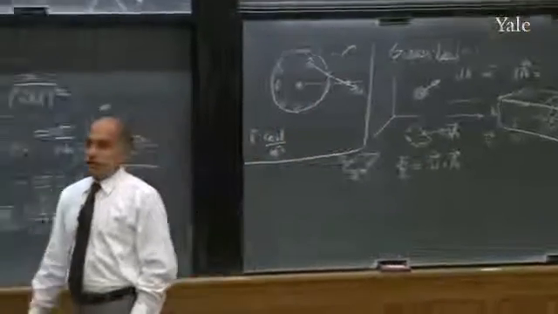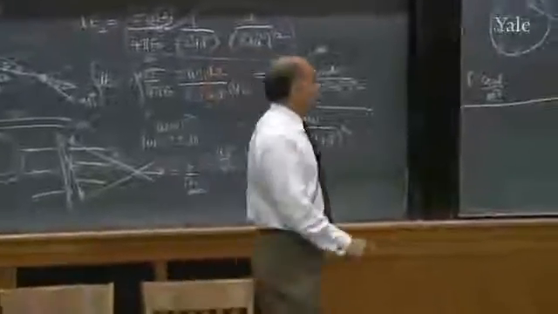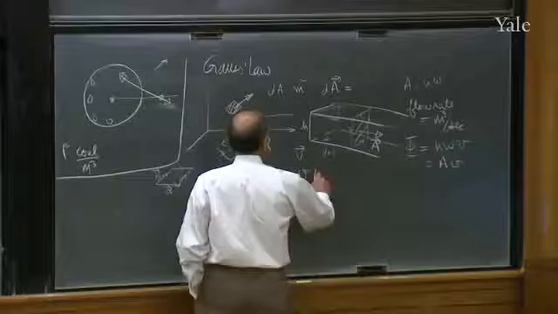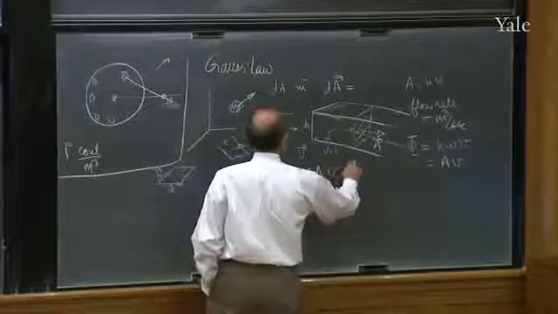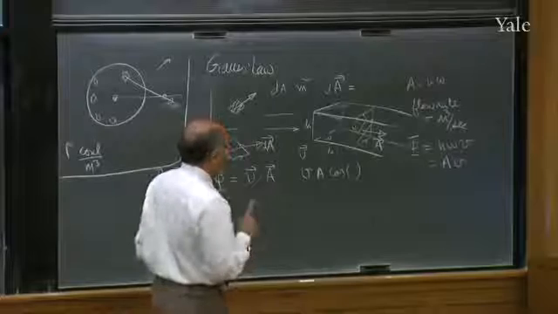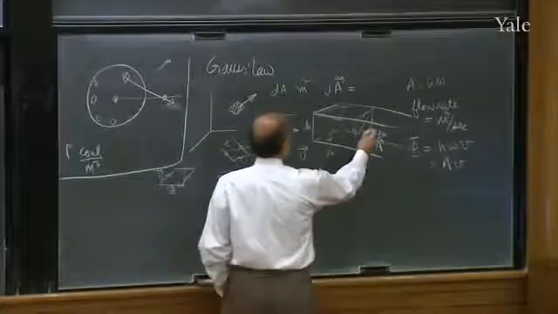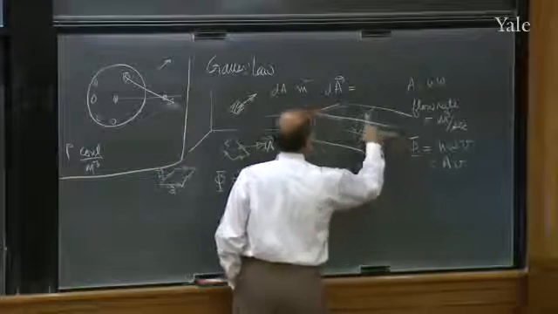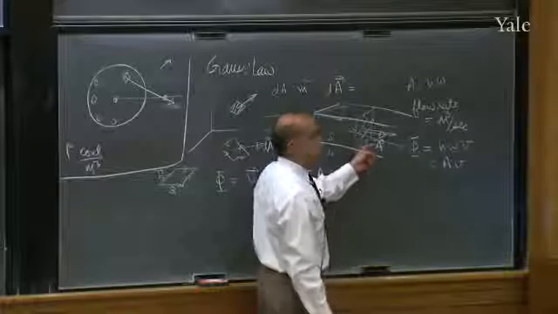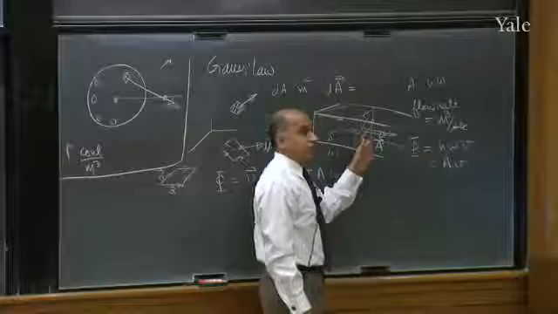Let's check that V dot A is correct. V dot A is the size of V, size of A, and cosine of the angle between them. Here you've got to be very careful. The velocity vector is like this. It's perpendicular to the plane, but don't say it's cosine of 90. The area vector is perpendicular to the area itself.